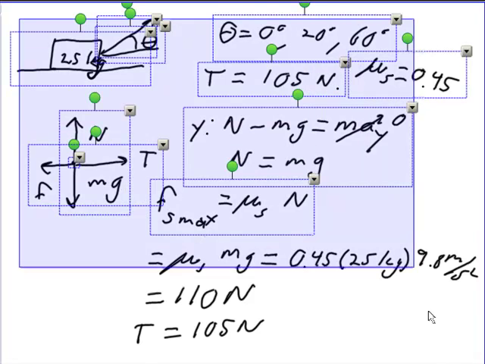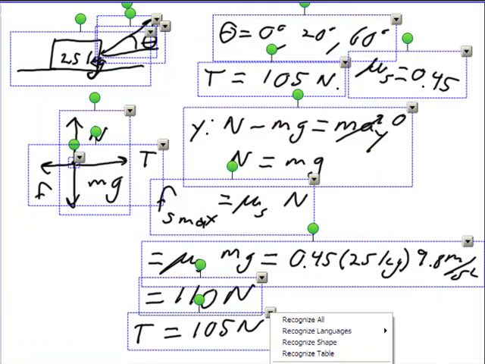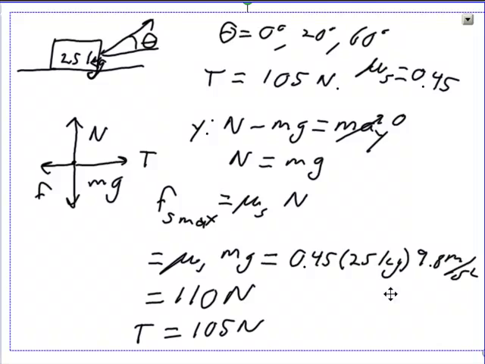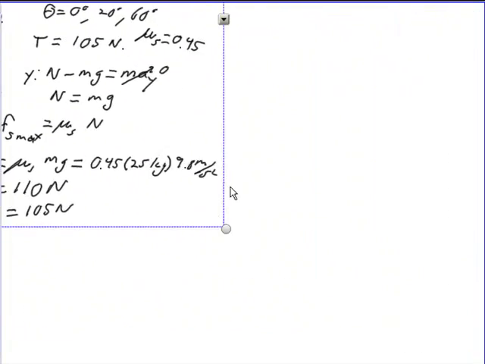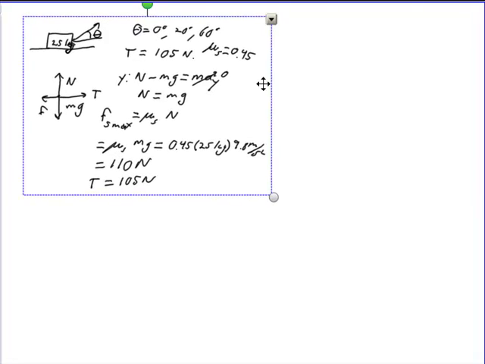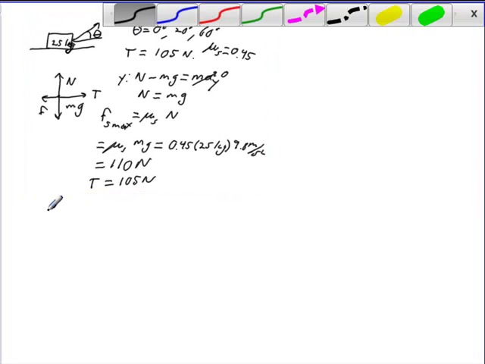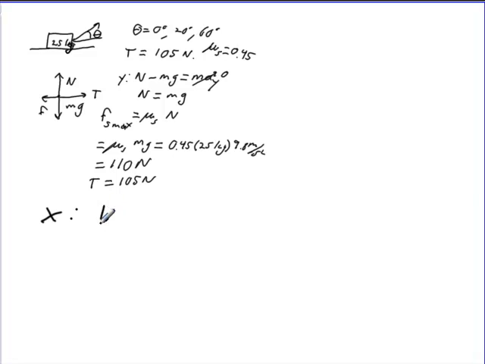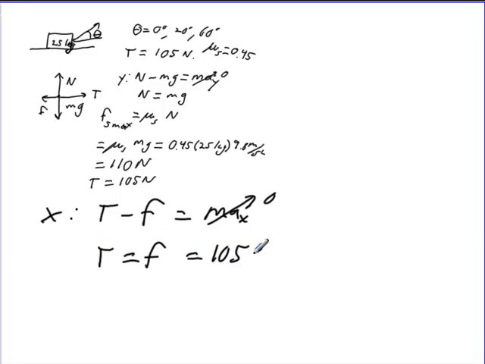a Newton's second law equation in the one dimension, so in the x direction, I now have tension minus friction equals max, which I now know is 0 because I don't have enough to move it, and that just tells me that the tension equals the friction, which is 105 newtons.